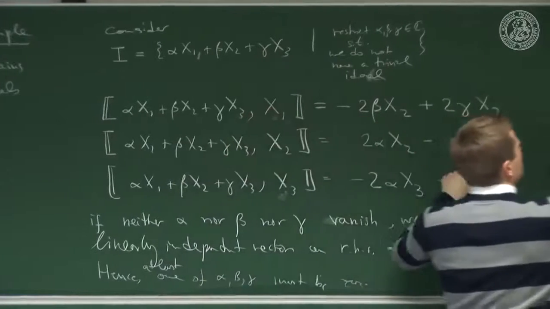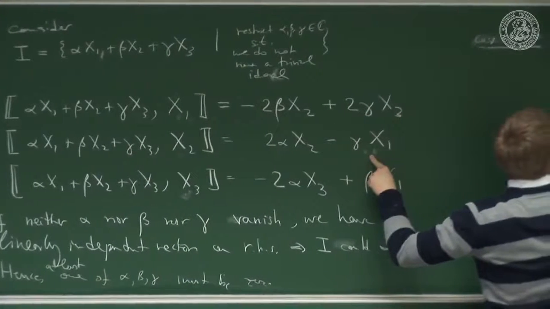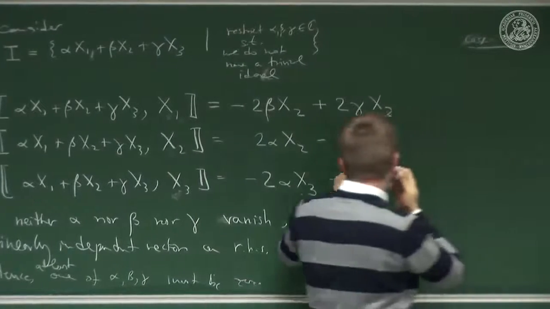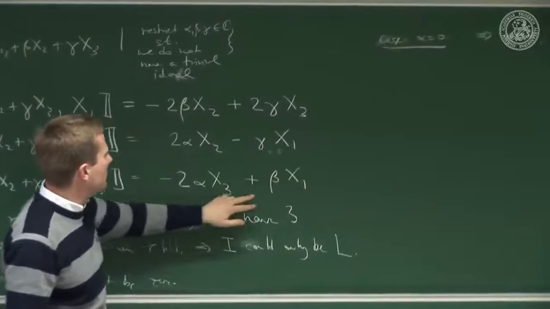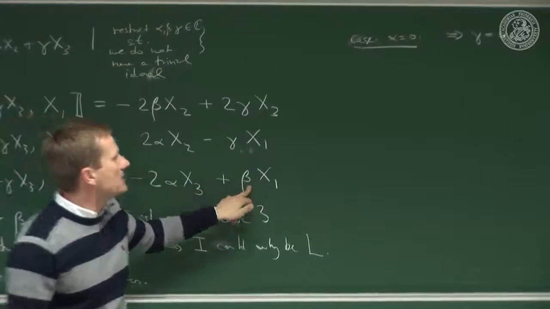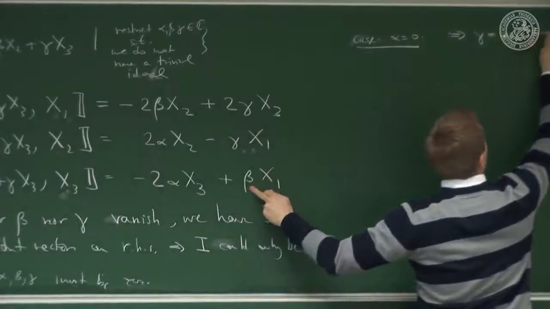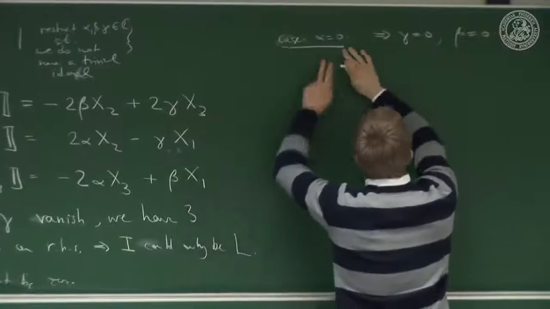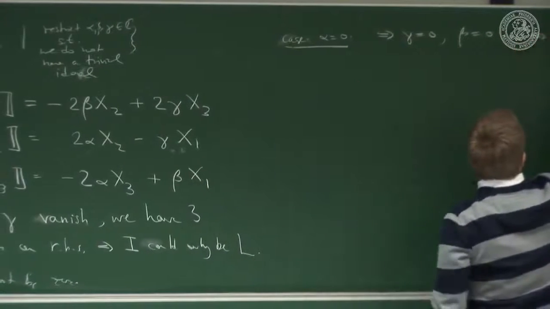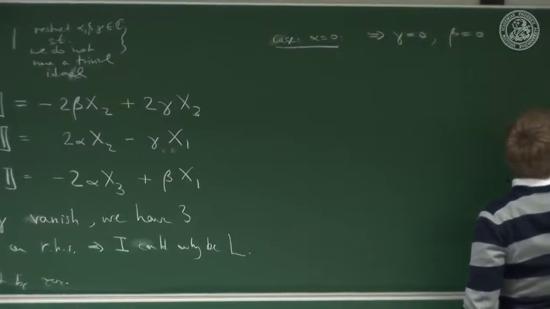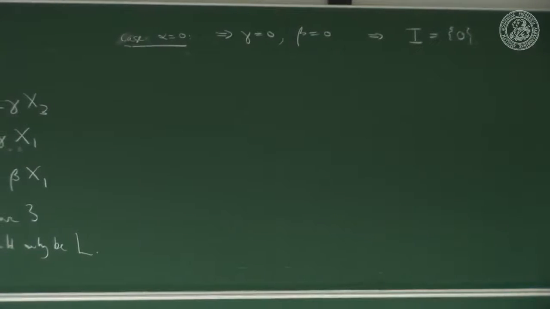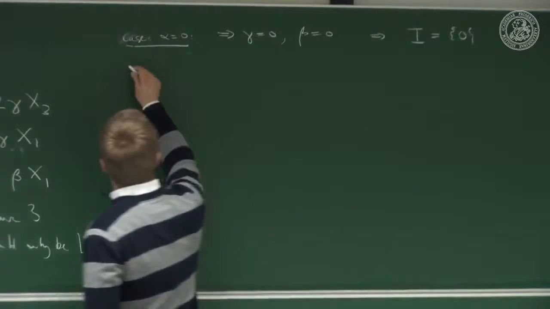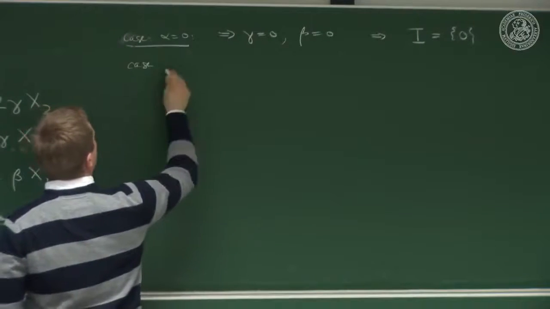So gamma must be 0. But also here, in order to lie in the x2, x3 plane, this is in the way, so beta also needs to be 0. So in this case, it follows that they all are 0, and that means that I just is this trivial ideal. So this case is excluded if we want a non-trivial ideal.